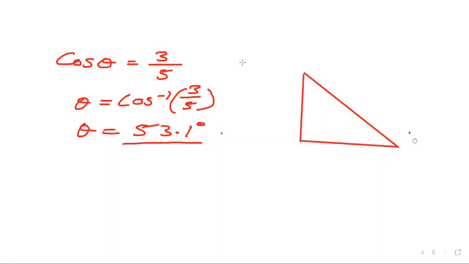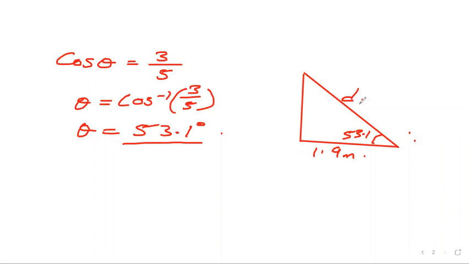We have our angle here to be 53.1, we have this side D, which we don't know, and we have this side here known as 1.9 meters.